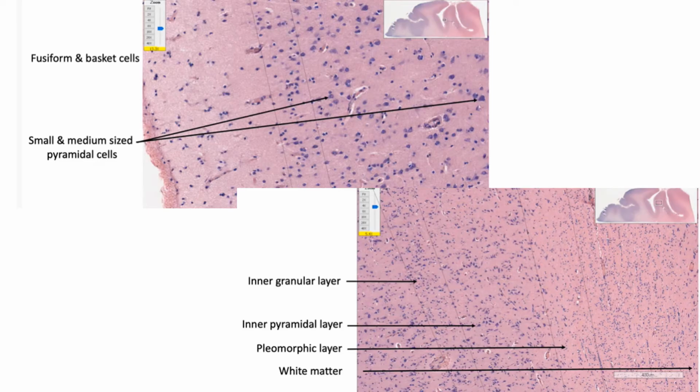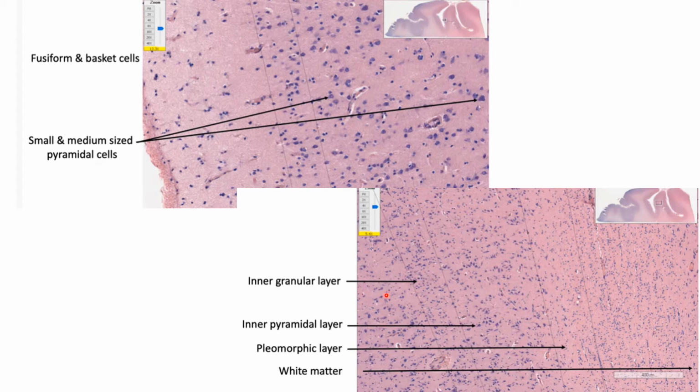You can see for the comparison, we've seen this is the plexiform, outer granular, and then the pyramidal cell layer. This is the inner granular layer, fourth layer, and the fifth is the inner pyramidal cell layer, and the pleomorphic layer.